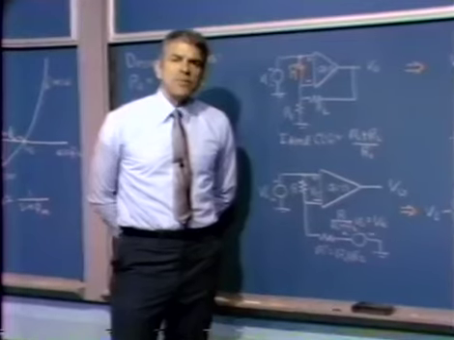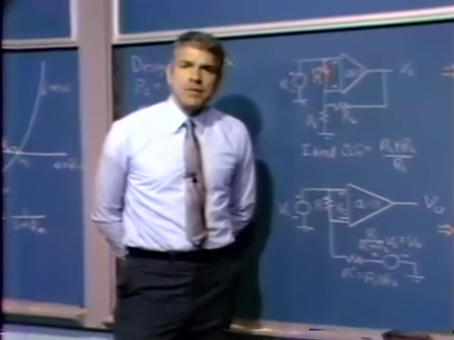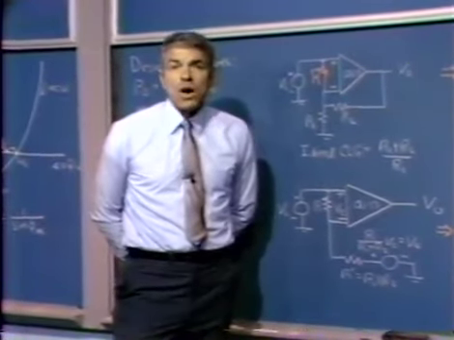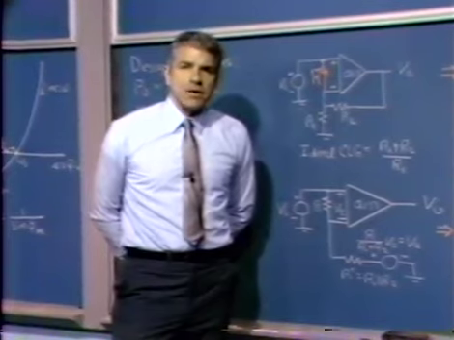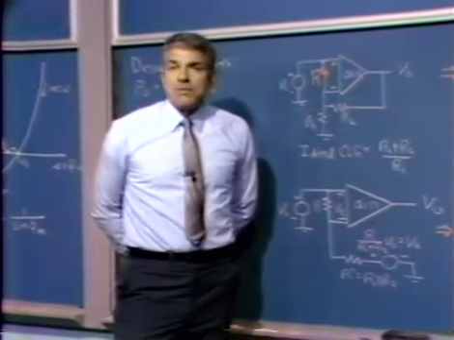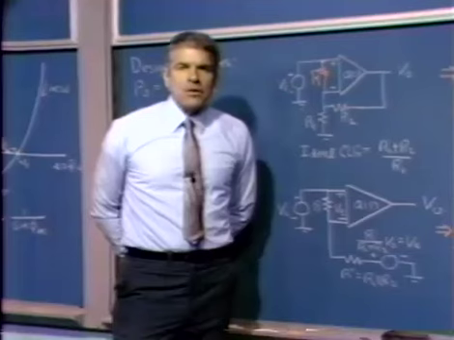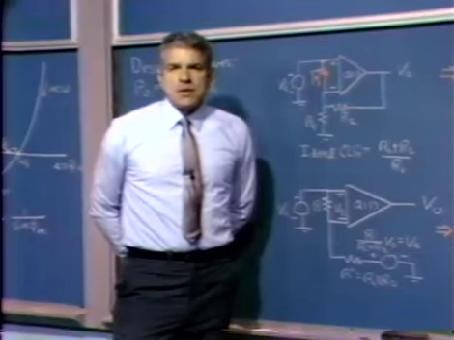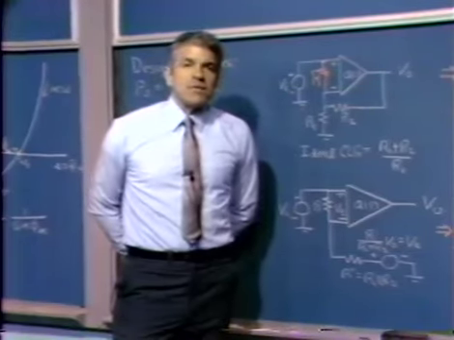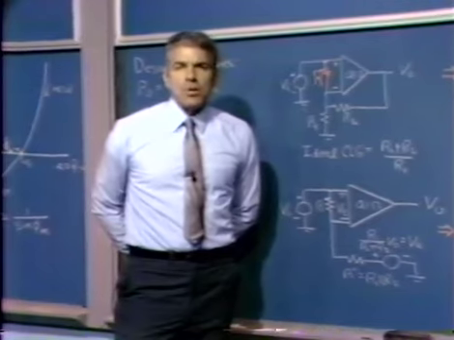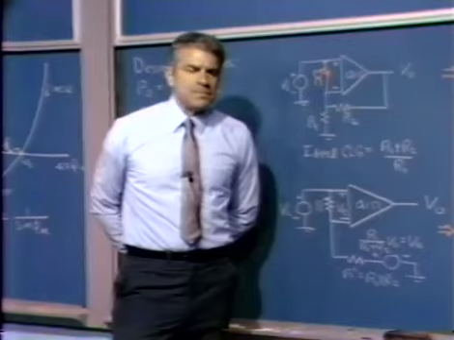In other words, if we wrap feedback from the output of the amplifier back to its input, just put a wire from the output back to the inverting input, such amplifiers are not guaranteed to be stable. If they are stable under those conditions, we speak of them as being unity gain stable. What we really mean is that they're stable in a loop that has an F equal to 1.